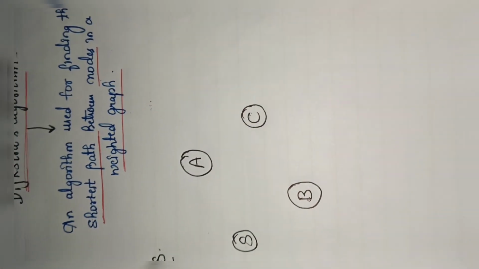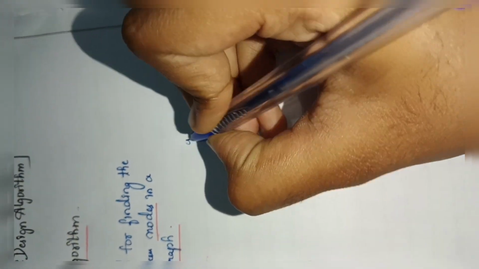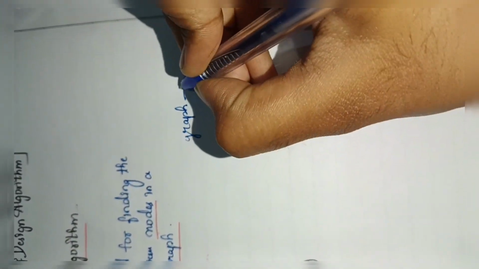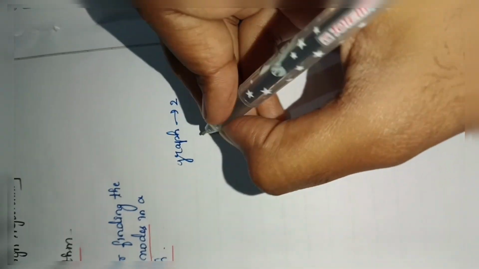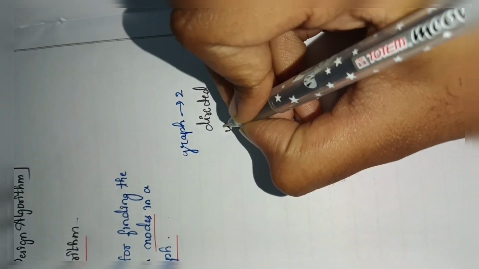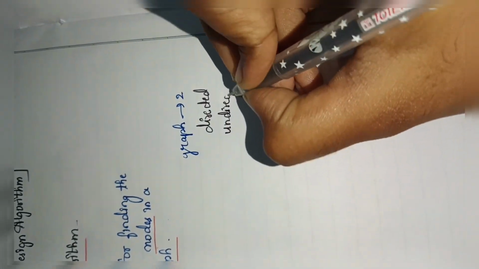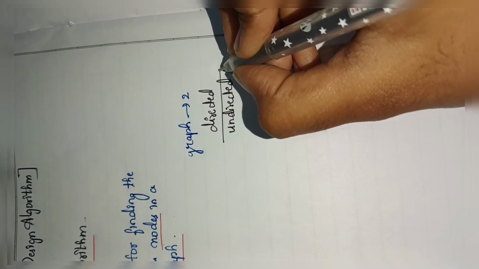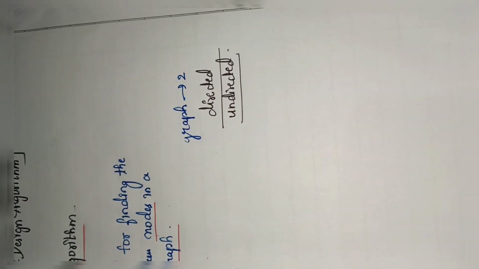Now whenever you take any graph in any algorithm, you must always remember there are two types of graphs: a directed one and an undirected one. Let me tell you the difference between directed and undirected graphs. In a directed graph, there will be arrow marks connecting each node.